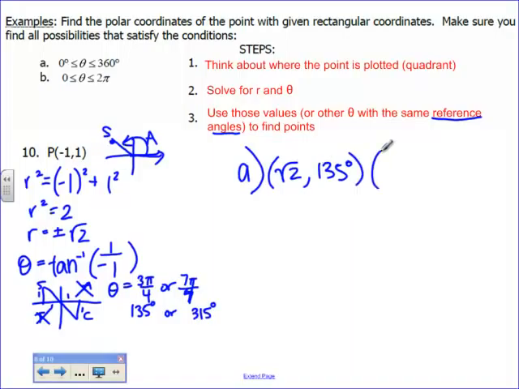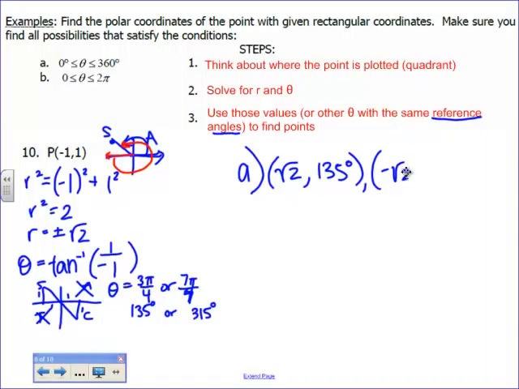If I do this again with the negative r value, this time I would have gone left that square root of 2. Now, again, we want positive angles, so I'm going to have to go around 2 quadrants, 3 quadrants, and then that extra 45 degrees, which is the 315 degrees that would make this second match.